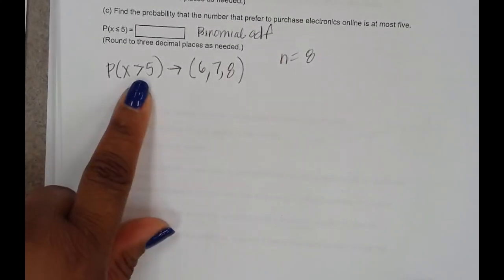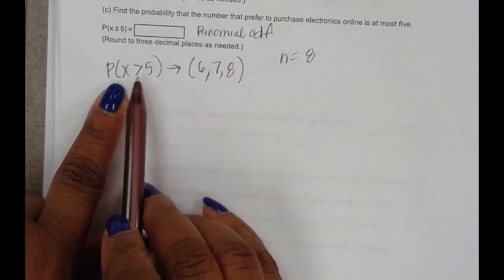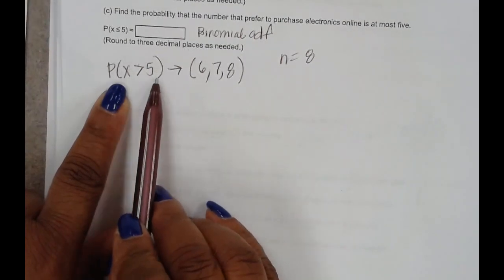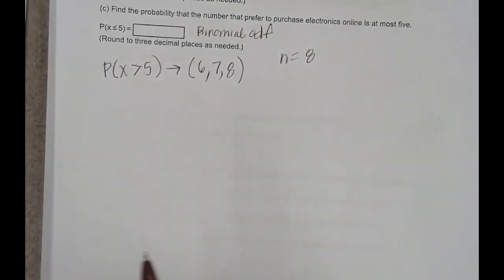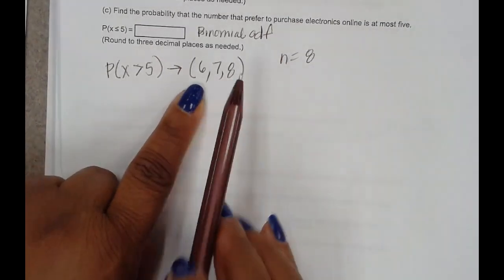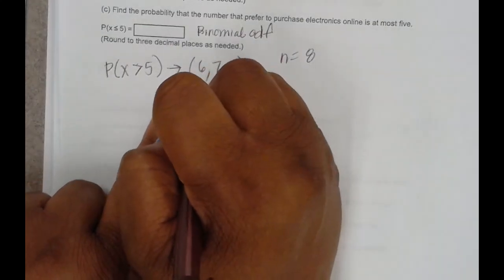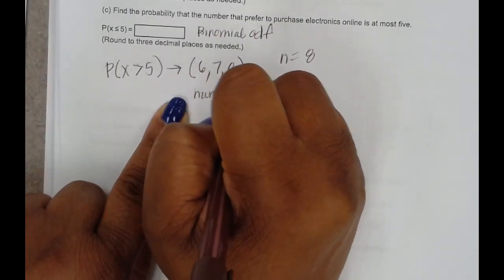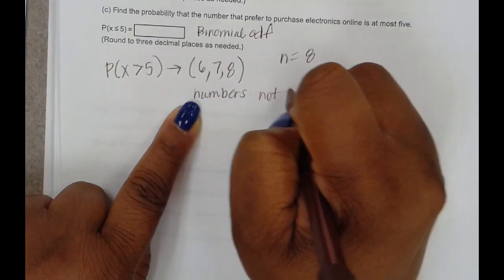So we need to rewrite this using a less than symbol and then find the complement. Well, if I want these numbers, what numbers are we not using? Numbers not included.